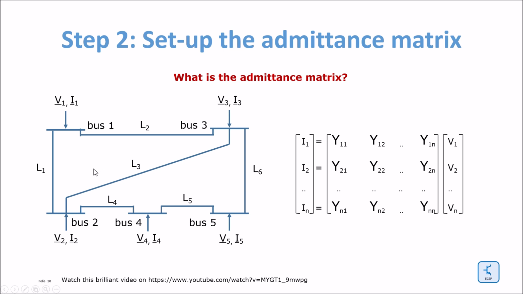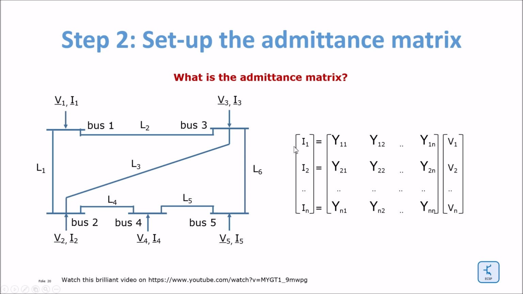Then since we have voltages at each one of the buses, we inject a current I1 at bus number 1, current I2, 3, 4, 5. And this is exactly what is represented in this current admittance matrix. On the left side of the matrix I have the currents, and the currents are a function of the voltages, and here we have this admittance matrix.